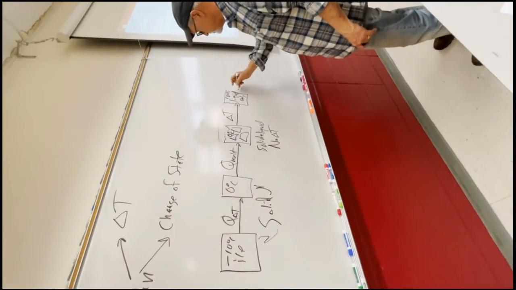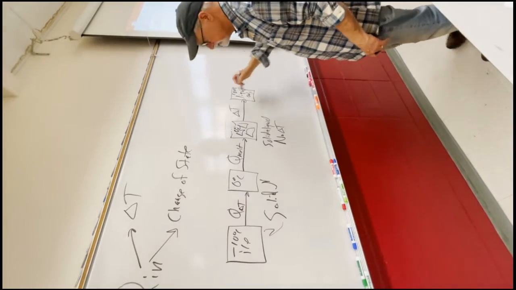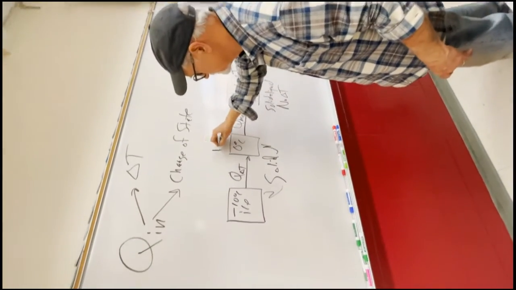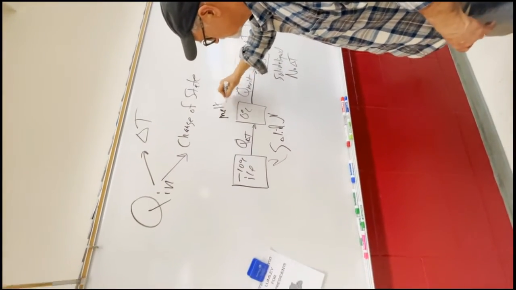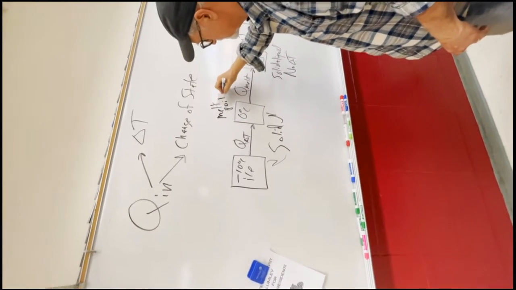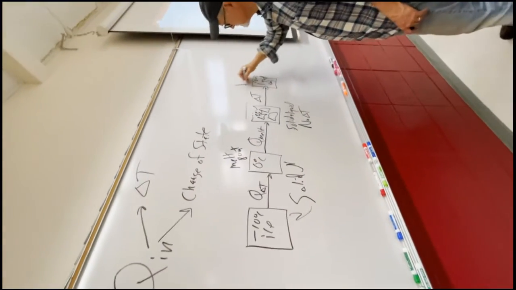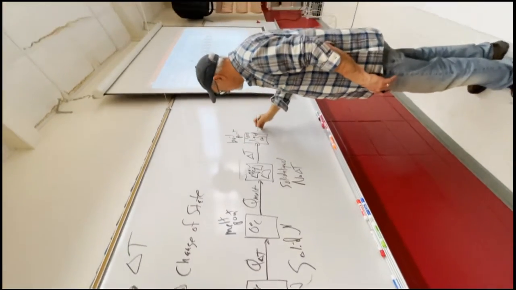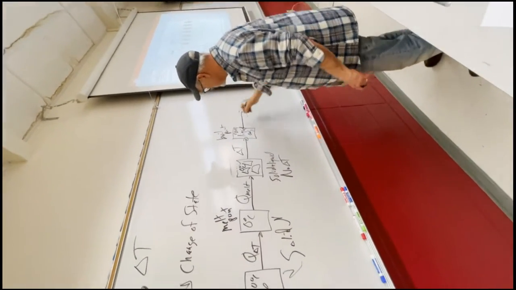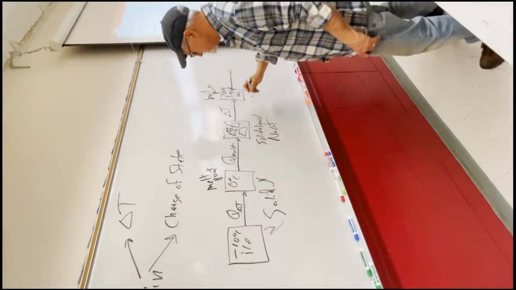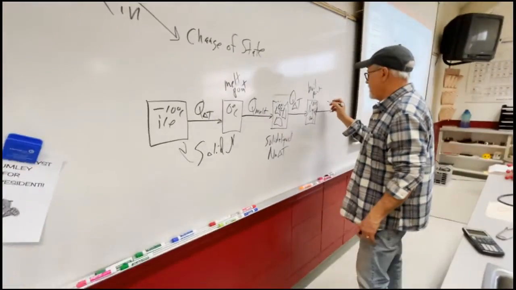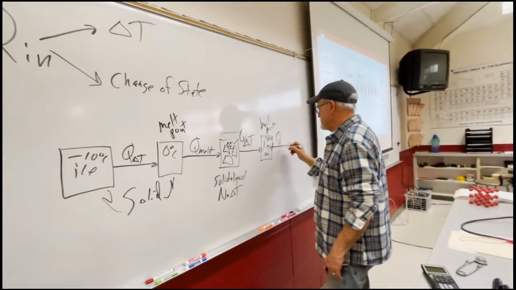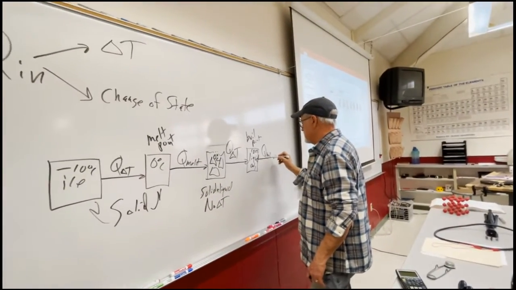And then when you get to 100 degrees, this is the melting point, and this is the boiling point. Now, once you're at 100 degrees, all the energy that goes in will boil.